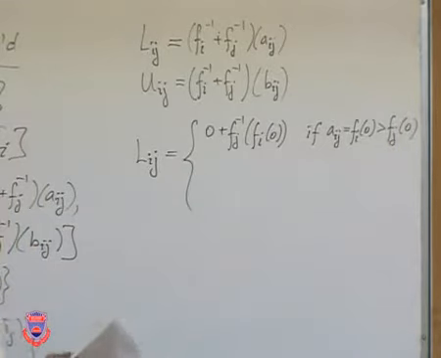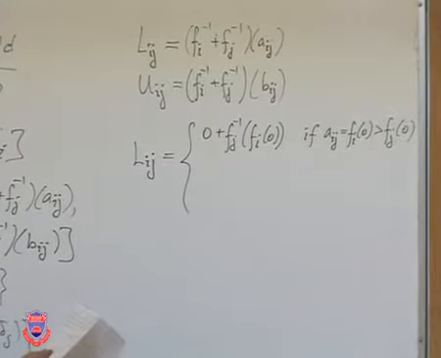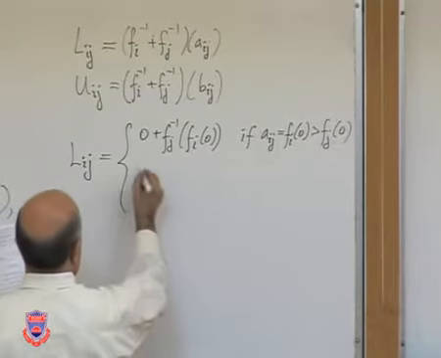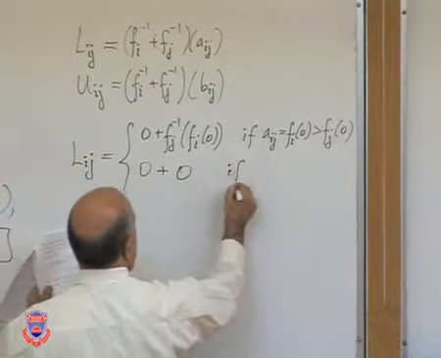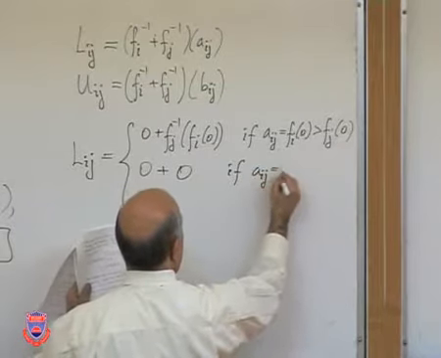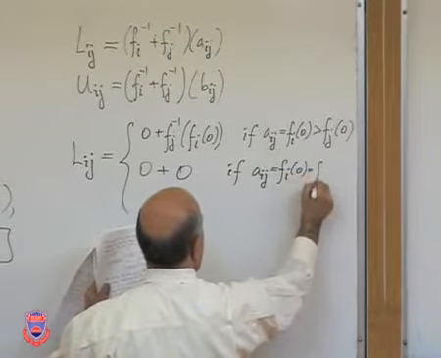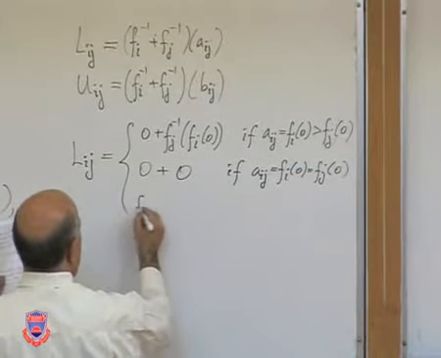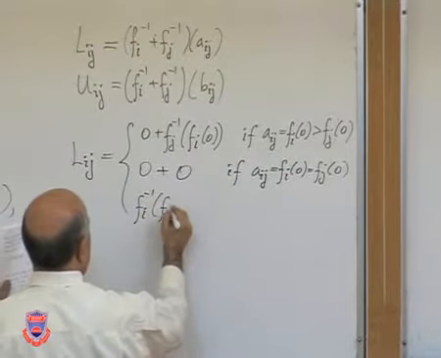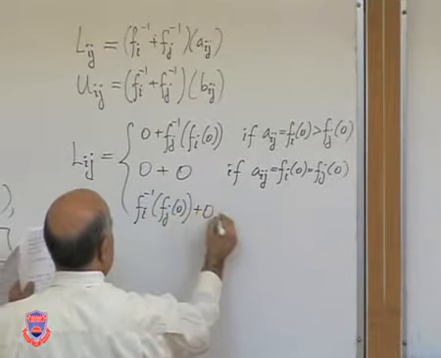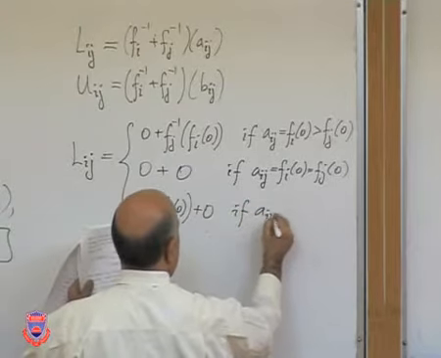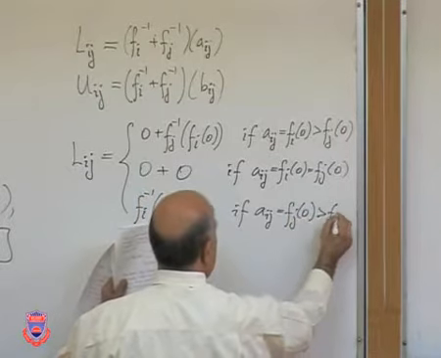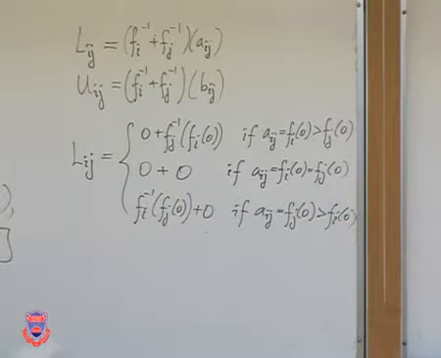Please check your notes to make sure that this is what we had before. The second case, 0 plus 0 if they are equal. And the last case is f_i inverse of f_j of 0 plus 0 if a_ij is defined by f_j(0), which is strictly greater than f_i(0). This is the situation.